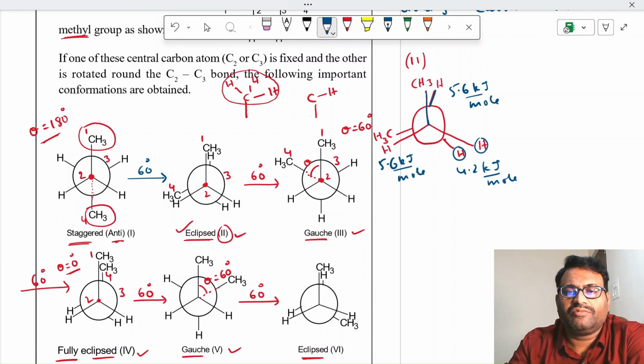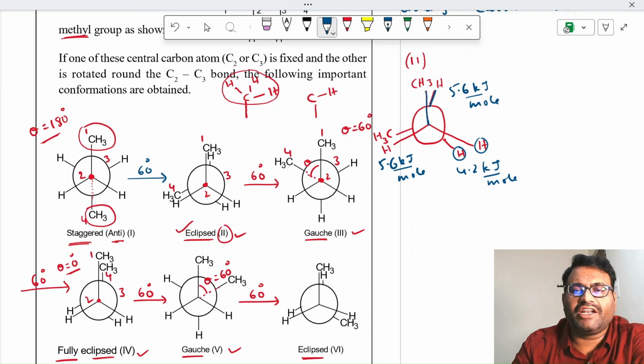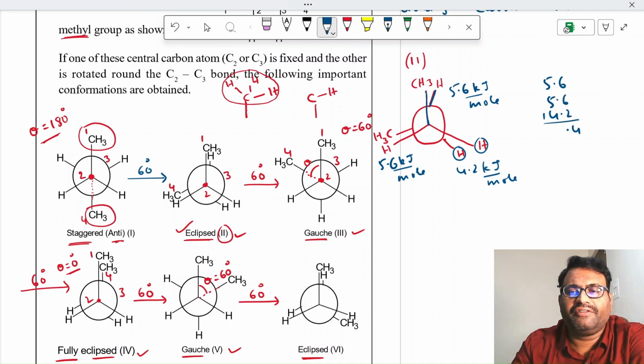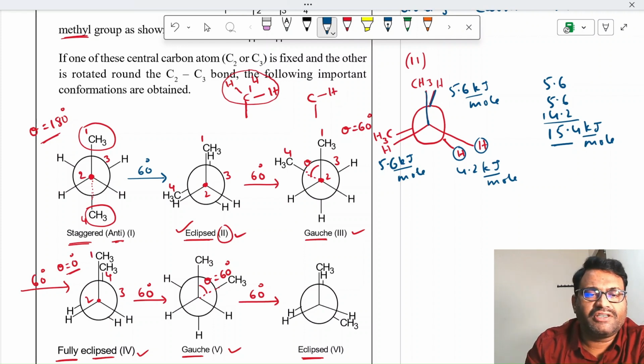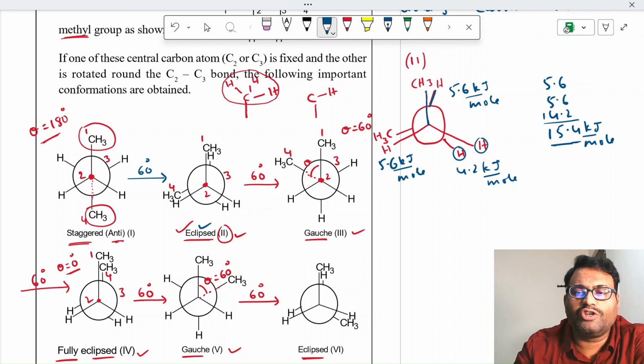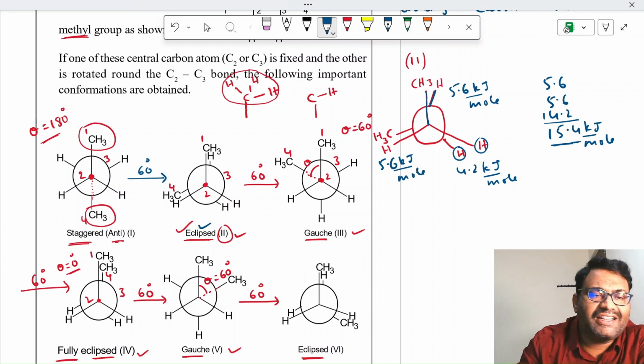Overall, the increase in the energy of the molecule is 5.6 plus 5.6 plus 4.2, that is 15.4 kilojoule per mole. This energy is possessed by this eclipsed form. This eclipsed form has 15.4 kilojoule per mole greater than the staggered form.